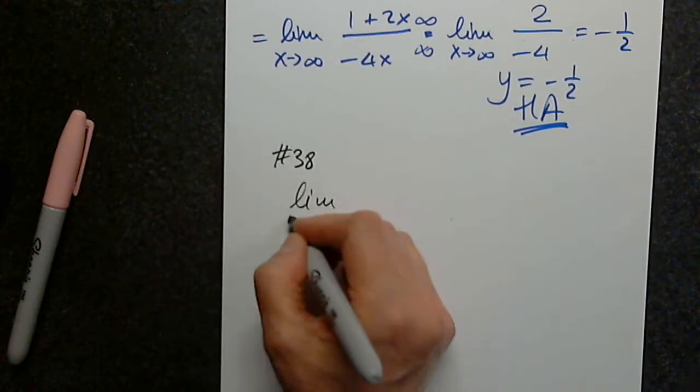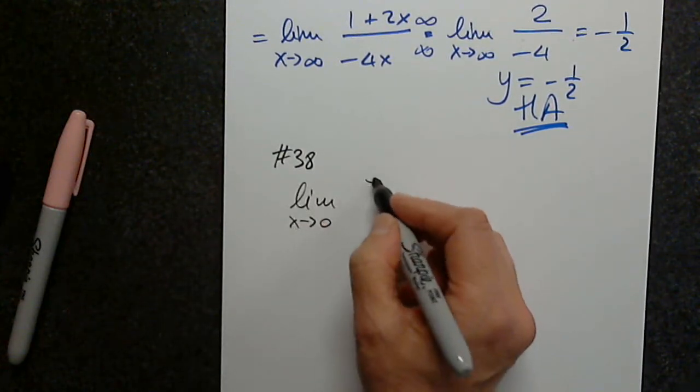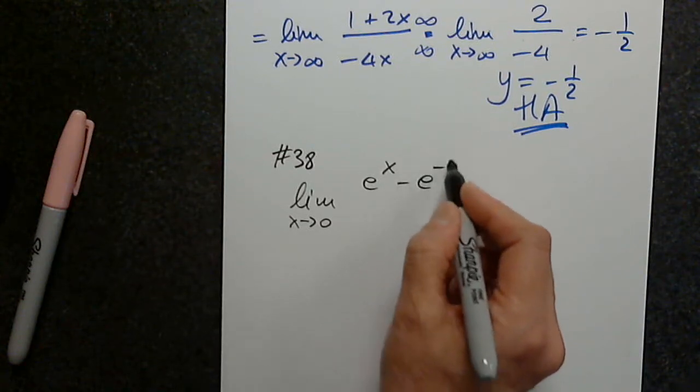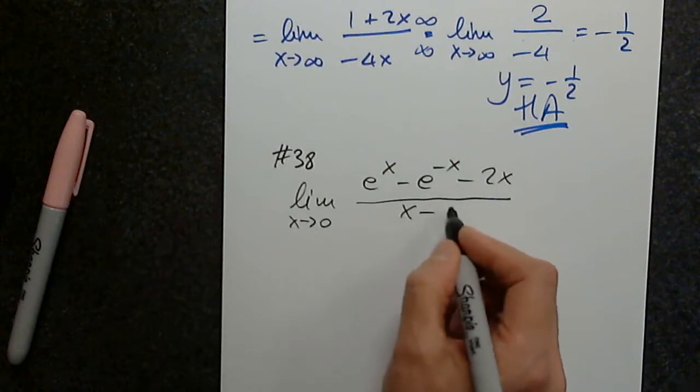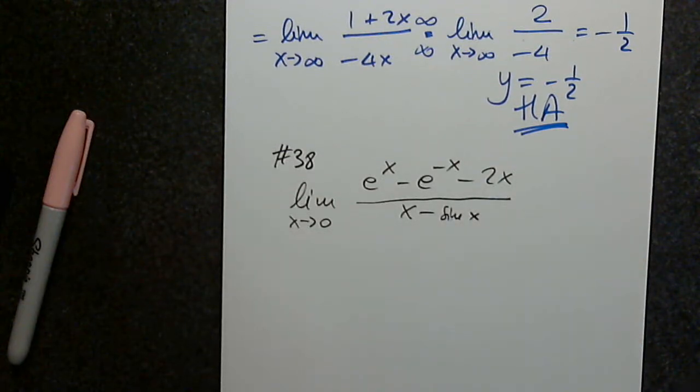limit as x approaches 0 of e to the x minus e to the -x minus 2x, over x minus sine x. L'Hopital's rule is nice and friendly as long as the top doesn't have products and the bottom doesn't have products.